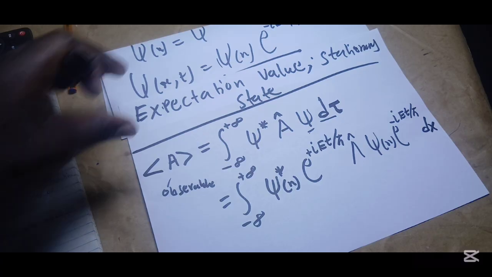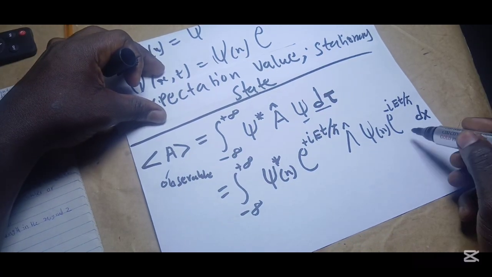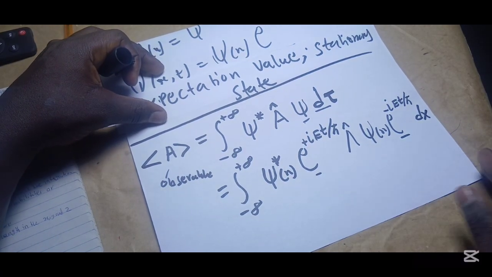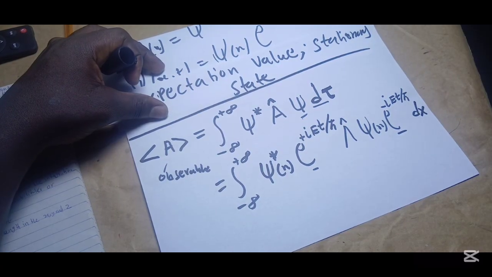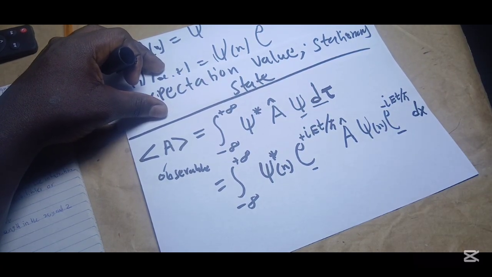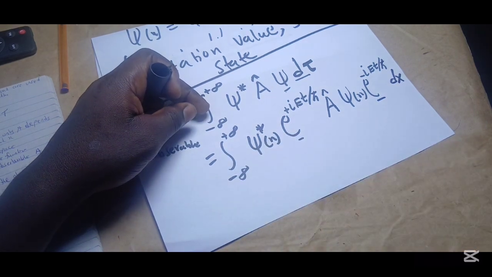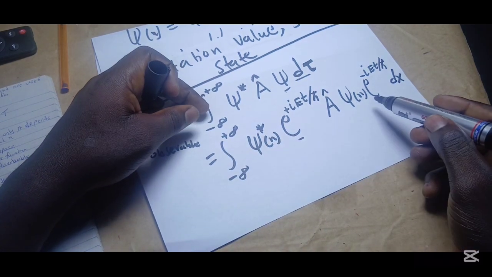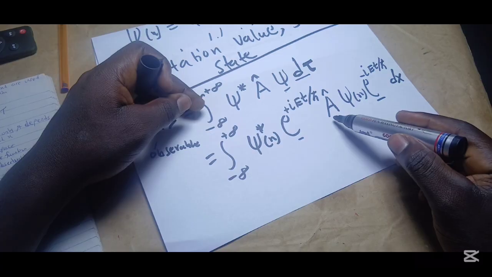Now, we want to find a way of cancelling the exponential terms out. By doing that, will it affect our operator?